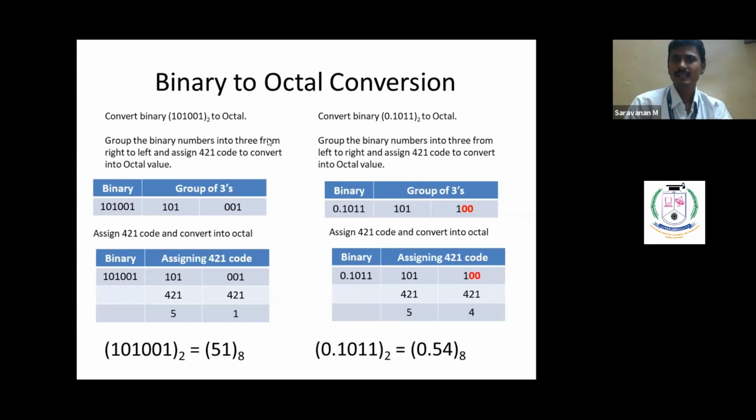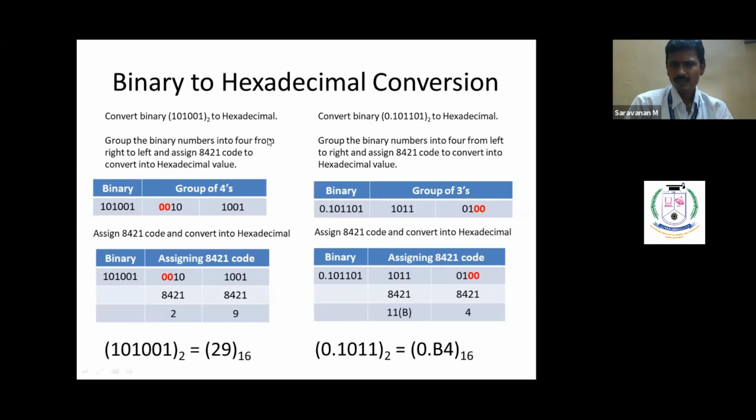Now we'll see the next one, which is binary to hexadecimal. For binary to hexadecimal, it is similar to binary to octal, but the logic is that we have to group in the form of four numbers and apply the 8421 code.